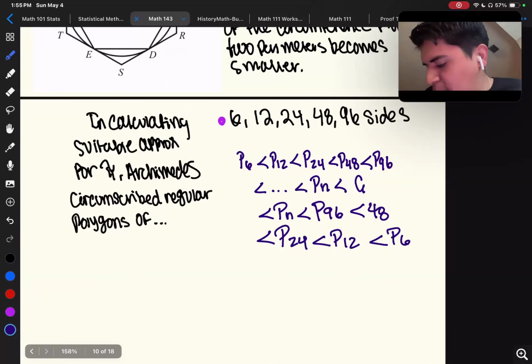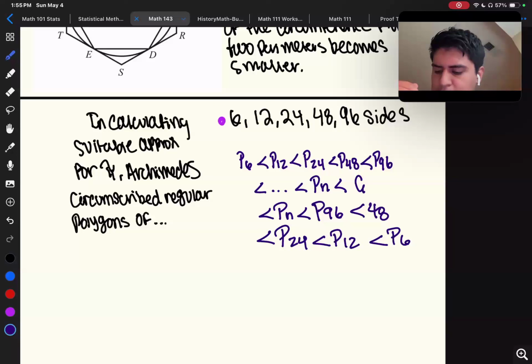This would be considered a monotonic sequence that we are given. And with this given information, Archimedes was able to find a suitable approximation for pi.